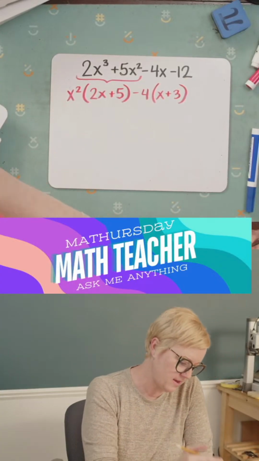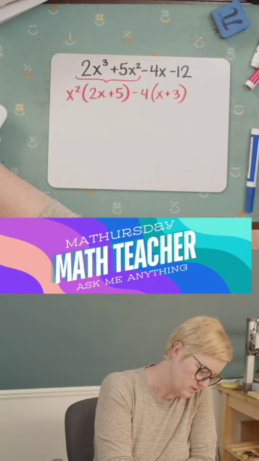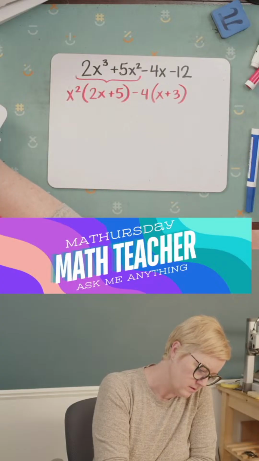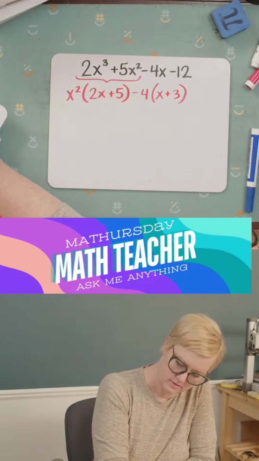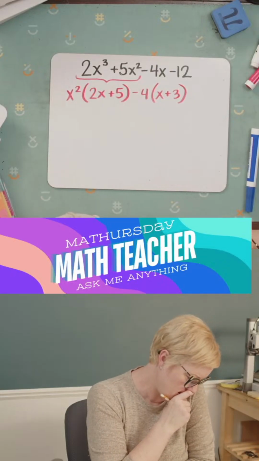That's what I'm thinking, but 2x cubed plus 5x squared minus 4x minus 12. I got the same thing again. Interesting.